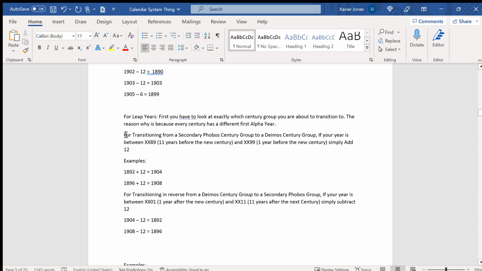Okay? For transitioning from a democentric group to a primary Phobos group, I like how this was supposed to be a tiny little tangent and it turned into this whole thing.